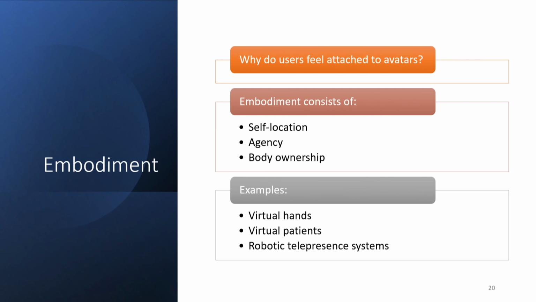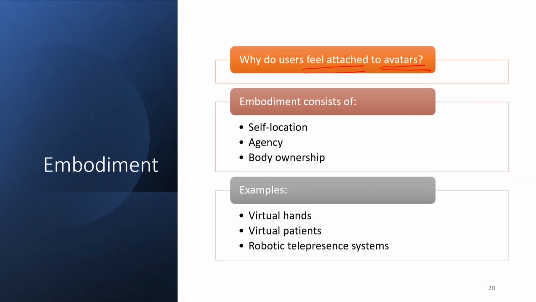Next, we come to a concept of embodiment. So, often in virtual reality systems, you will use what are known as avatars, and we have seen in many 3D games etc., and in 3D environments that users will often feel attached to the avatars.